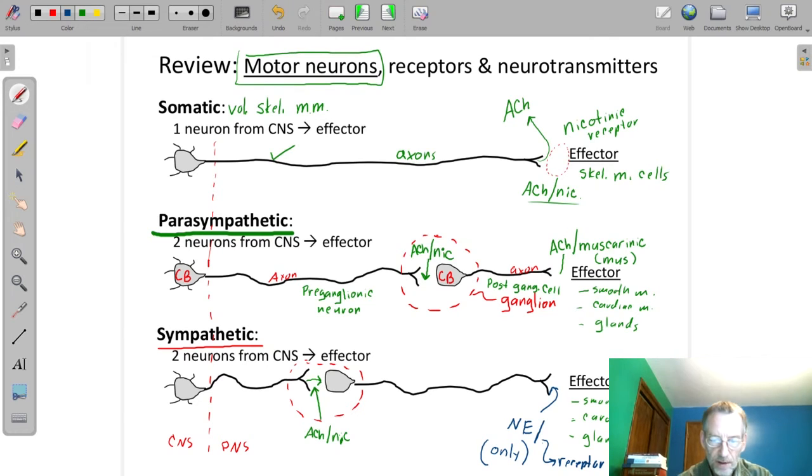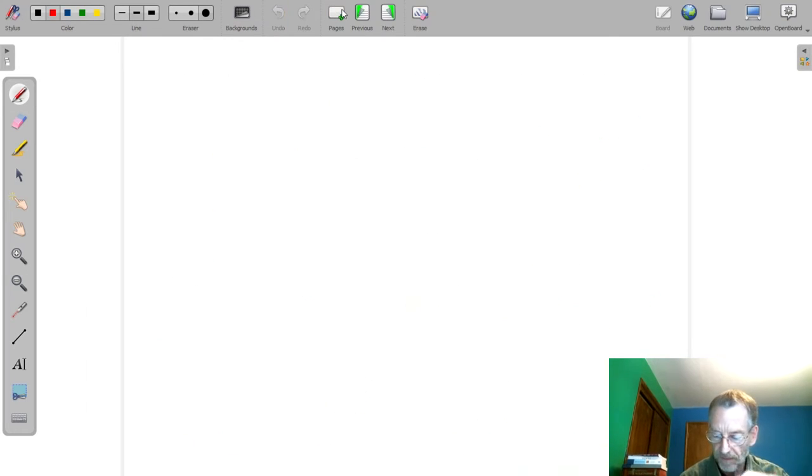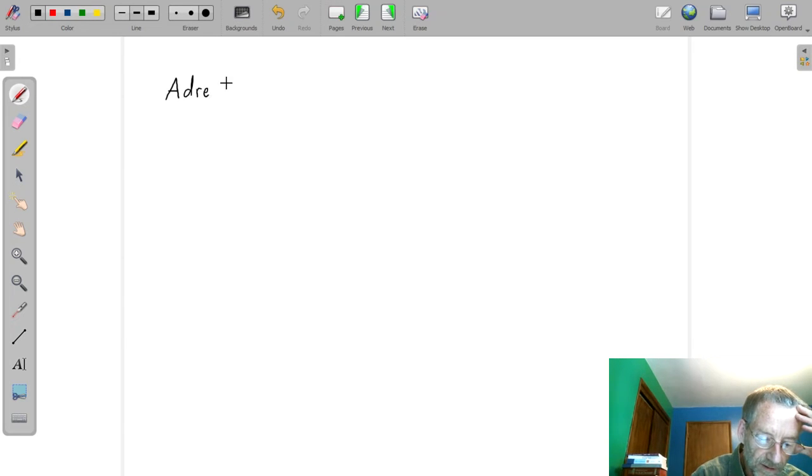So let me do another slide here because I'd really kind of like to stress this a little bit more. So let's go to another page and we'll just try to summarize this. So these are adrenergic receptors. They bind norepinephrine or adrenaline, noradrenaline.